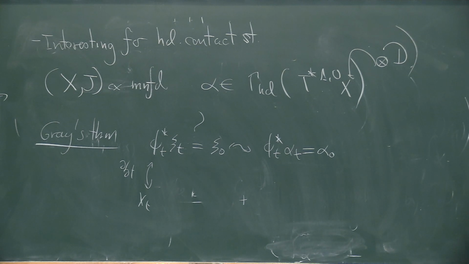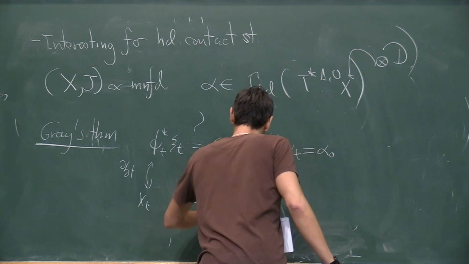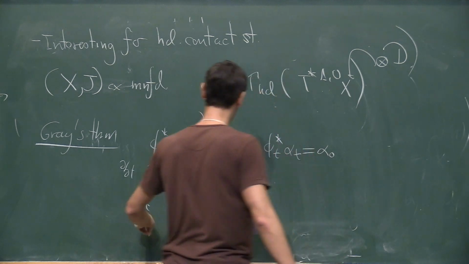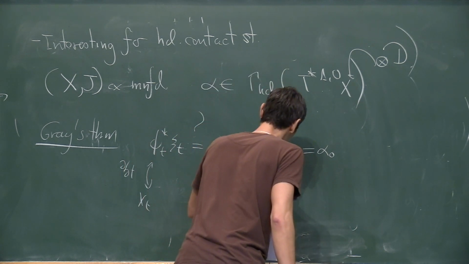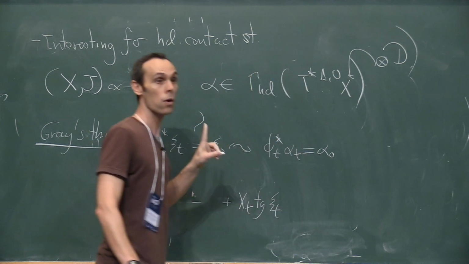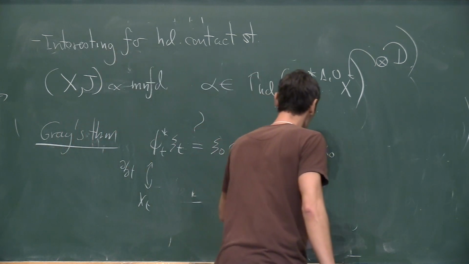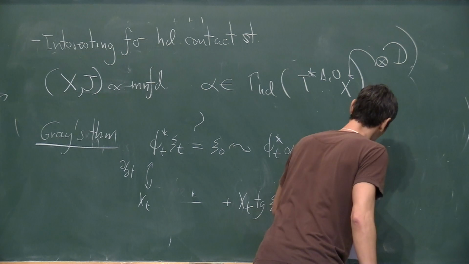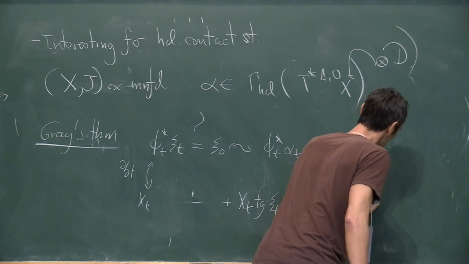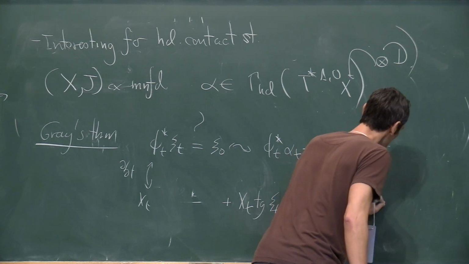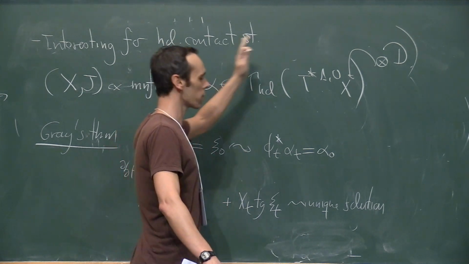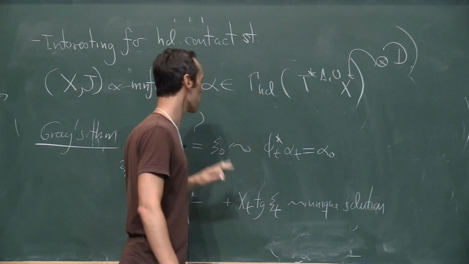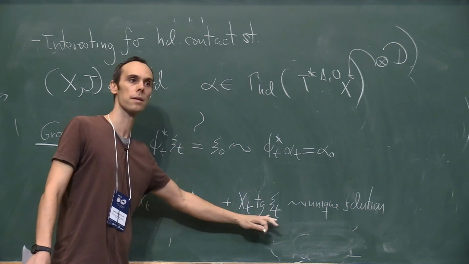But if you require that these vector fields be tangent to the corresponding contact distribution, you get a unique solution. So there exists a unique one-parameter family of vector fields that satisfies the corresponding infinitesimal equation and is tangent to these distributions.